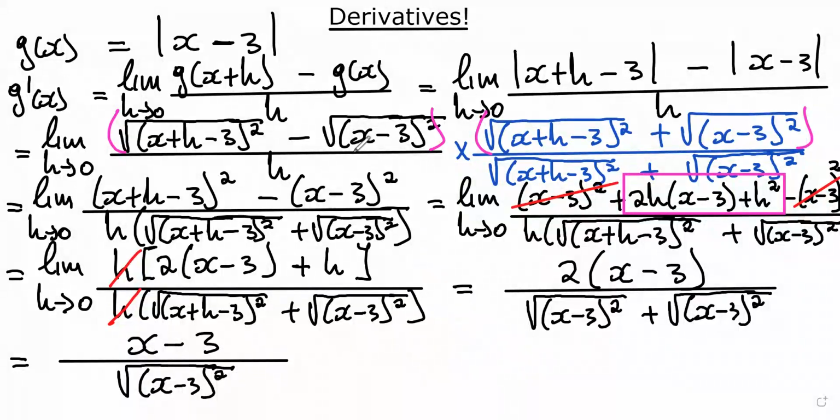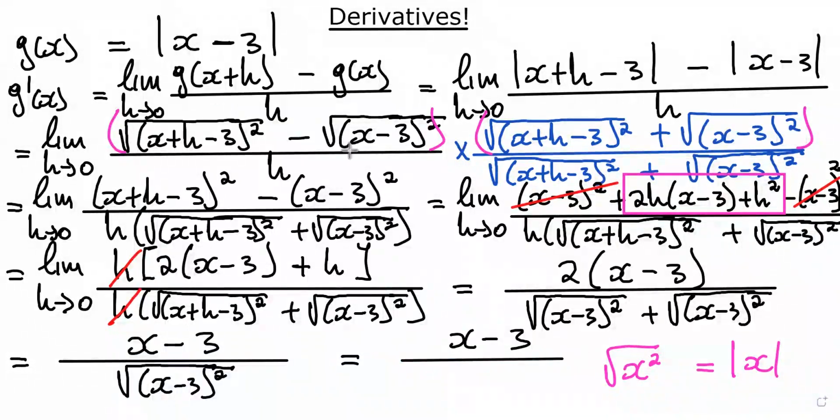But now, since we know and understand that every time we see square root x squared, we see absolute x, this stands to reason that every time we see the square root of x minus 3 squared, we actually see absolute x minus 3.